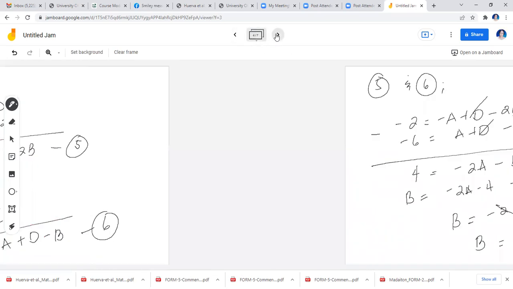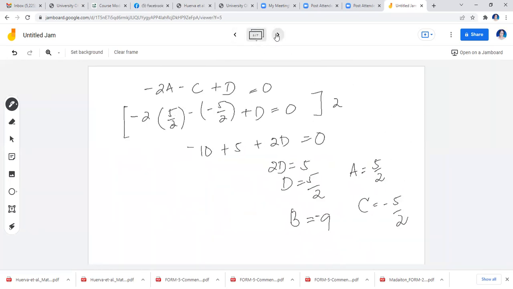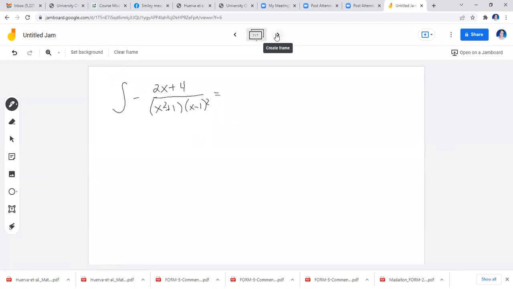Correct. Okay. So it's ax plus b. Your first integral, class, your a is 5 halves x. Your b is 9. The denominator for these two is x squared plus 1 dx.